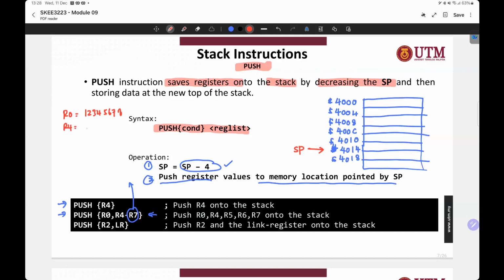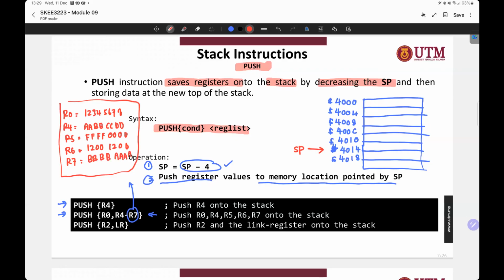R4 is, let's say, A, B, B, C, C, D, D. R5 is F, F, F, F, 0, 0, 0, 0. R6 is 1, 2, 0, 0, 1, 2, 0, 0. And R7 is B, B, B, B, A, A, A, A. So assume this is the data inside the registers.